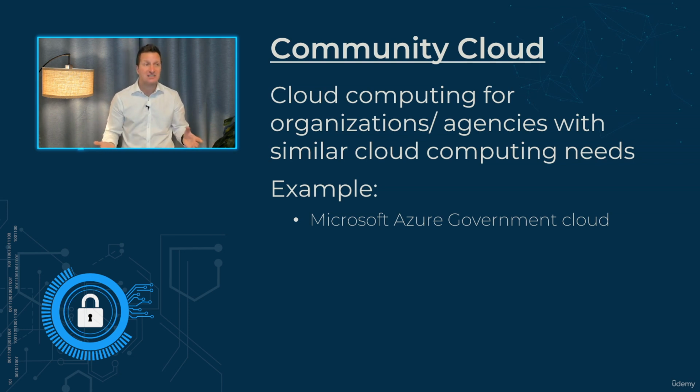And as a matter of fact, there is a government cloud in Microsoft Azure, for example. It's called Government Cloud. There's also a German cloud that adheres to the requirements for German agencies and organizations. So you might also have clouds that are specialized to certain industries, like the medical industry or the financial industry. All it means is that we have tenants that have the same types of cloud computing requirements.